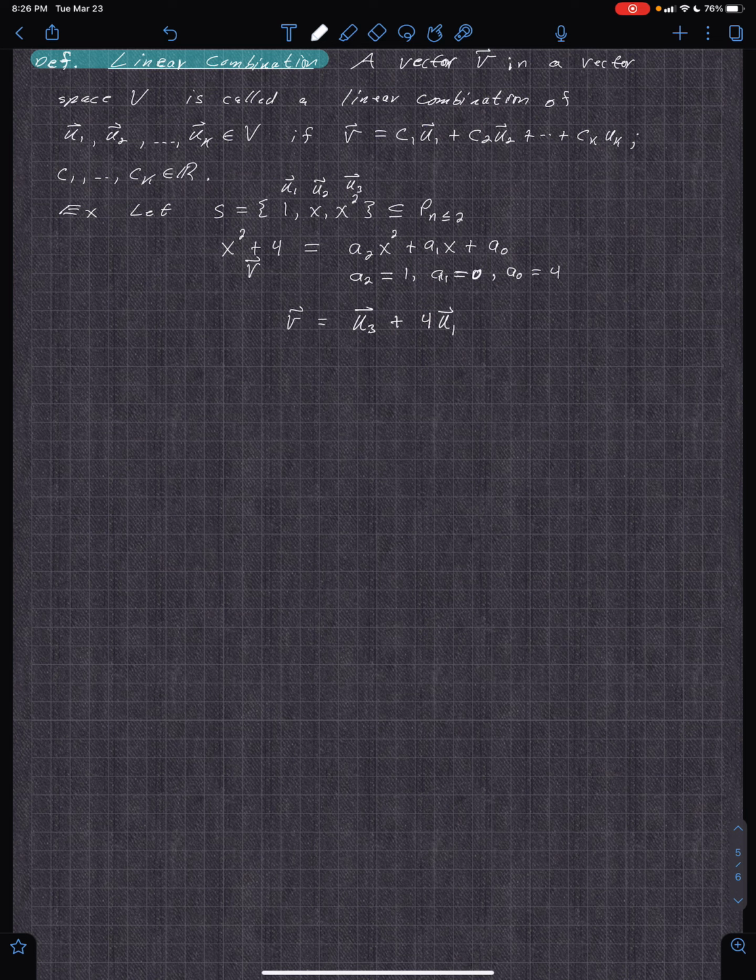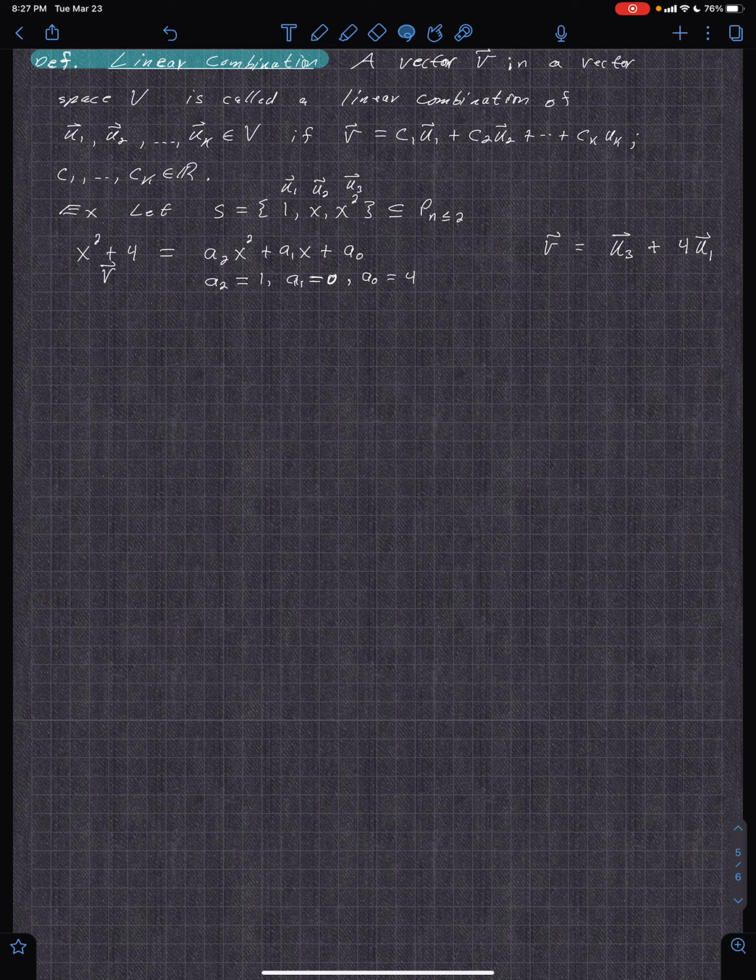So that's how you would write v as a linear combination of those vectors. So that's exactly that form we're talking about.